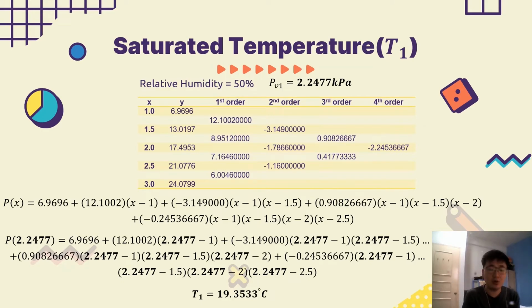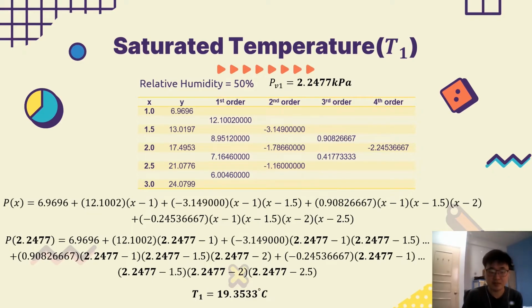When the relative humidity is 50%, the saturated pressure we calculated just now is 2.2477. Because the PV is in between values, we construct the table. After constructing the table, we calculate the first order, second order, third order, and fourth order, and we can get the Newton interpolating divided difference polynomial formula.